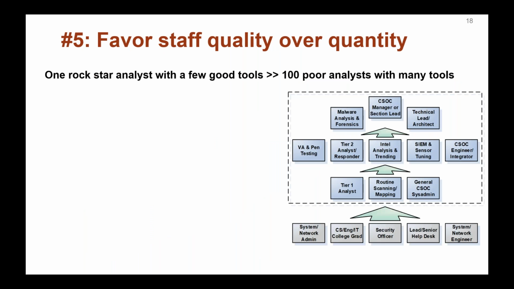Number 5. When we think about SOCs, we consider the fact that just a couple analysts, perhaps a rock star or a unicorn, equipped with the right tools can be vastly more effective than perhaps 100 analysts with the wrong tools or the wrong processes. One very good example is threat intel fusion. Today, we have the capability to fuse threat intel indicators, again, bad IPs, bad domains, bad file hashes, etc. Pretty pedestrian stuff, really, against data as it streams in near real time at scale.